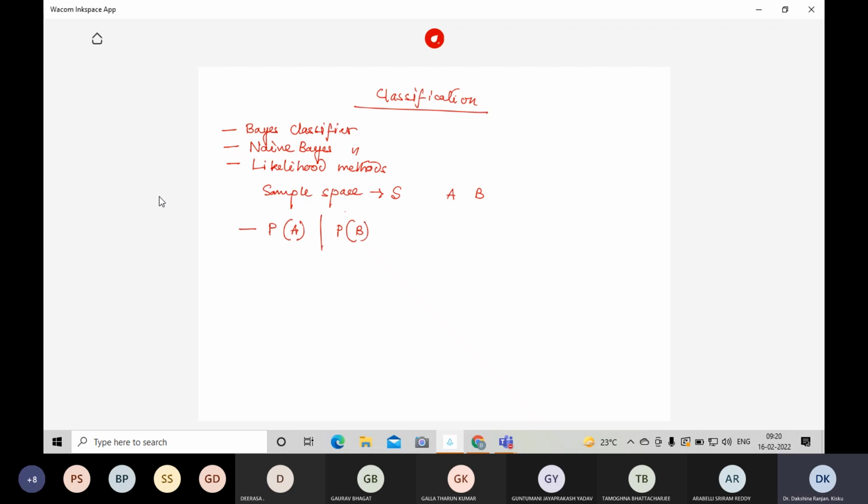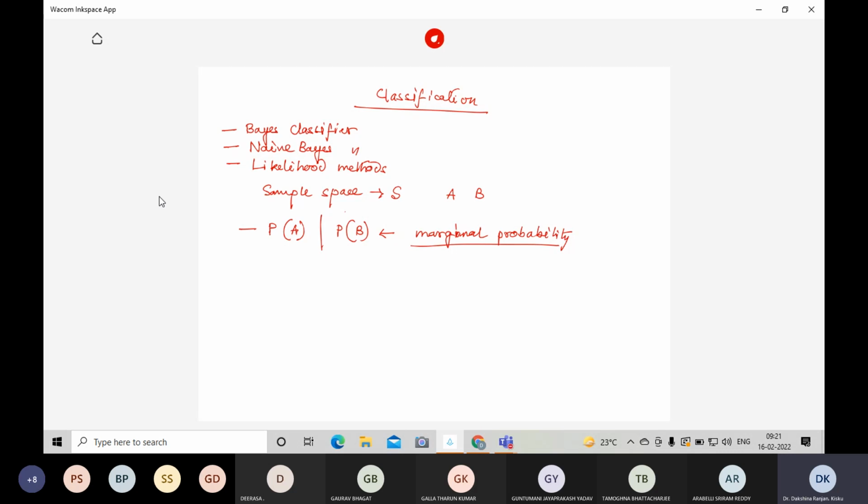This probability is known as marginal probability or distribution.